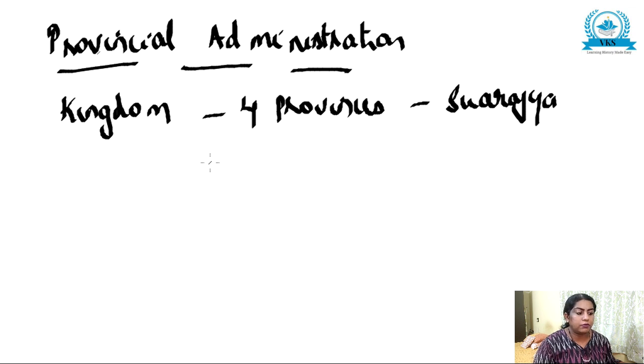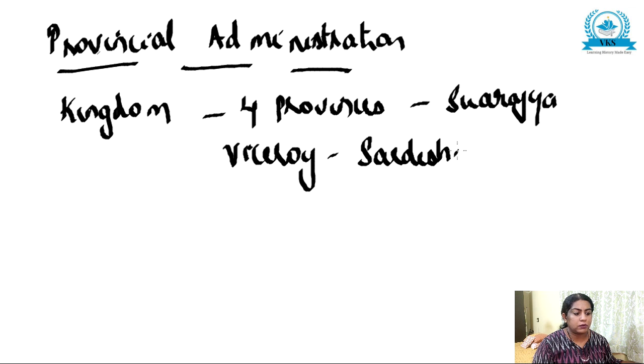To take care of each province, a viceroy called Sar Deshmukh was appointed. So, Shivaji's kingdom was divided into 4 provinces, Swarajya, and a viceroy called Sar Deshmukh was appointed for each.